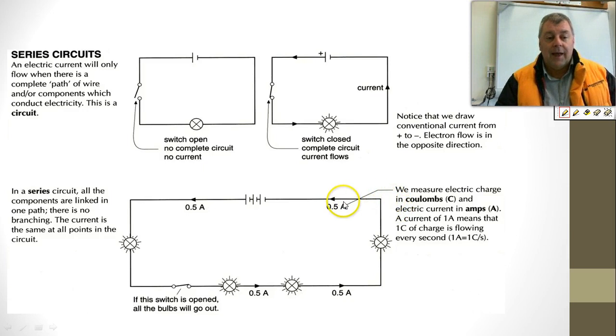The number of amps depends on how many charges, and because charges are measured in coulombs, it depends on how many electrons are flowing. And 1 amp means 1 coulomb of charge in 1 second. So 1 amp equals 1 coulomb of charge per second. Each electron has a small amount of charge, and so it takes a lot of electrons to carry 1 amp.